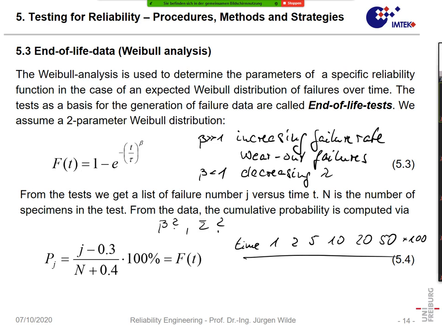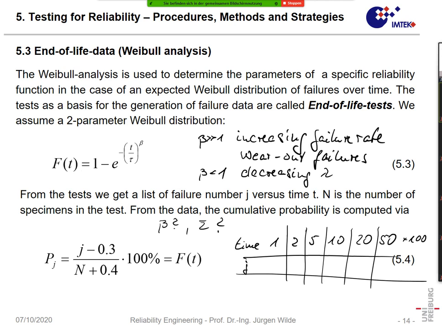So 100, 200, and here we record how many failures we have as a total.